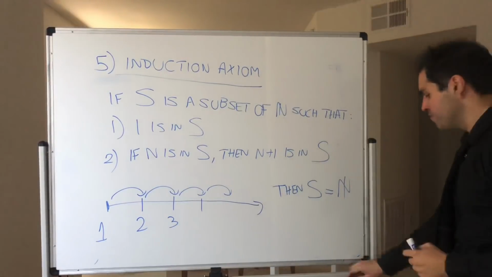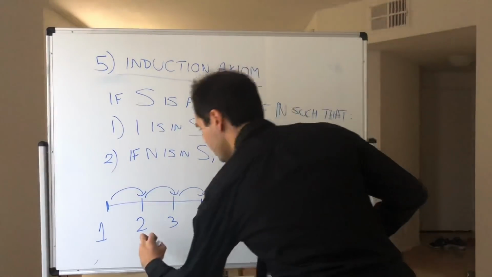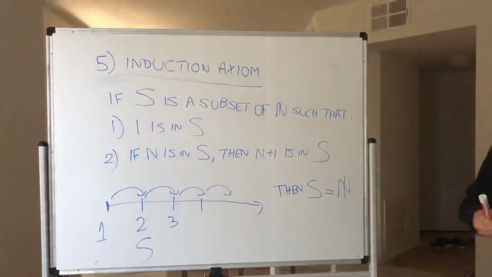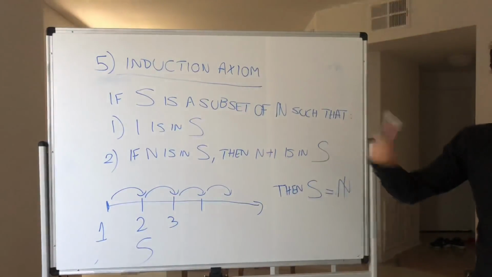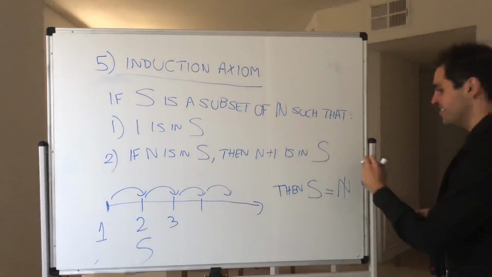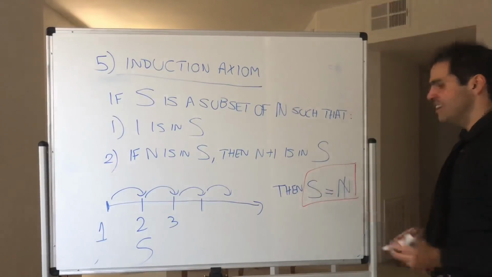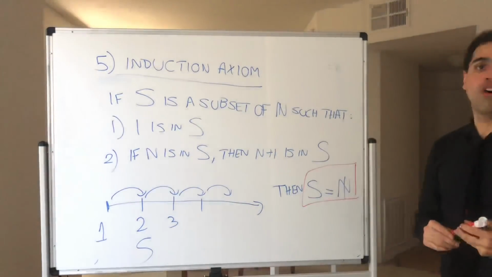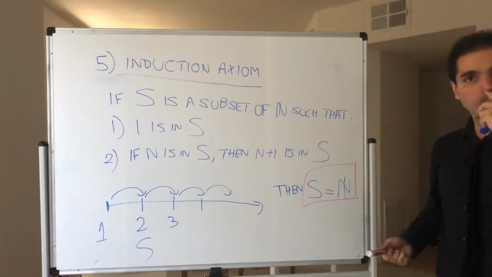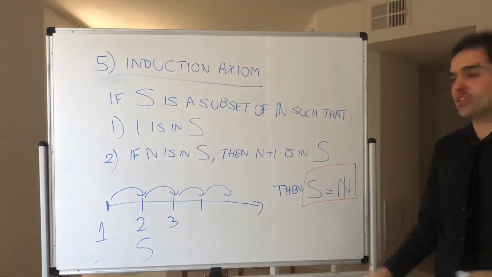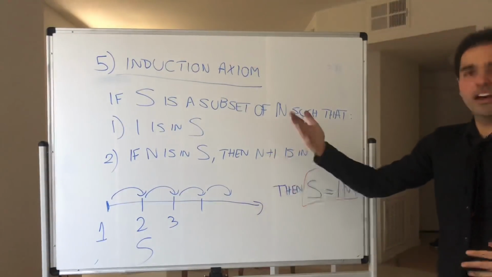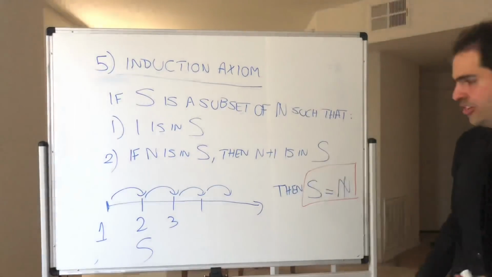In other words, if we successively take successors, so if you take successors over and over again, then indeed we reach all the natural numbers. In other words, we do not skip any integers by doing this process of taking successors.